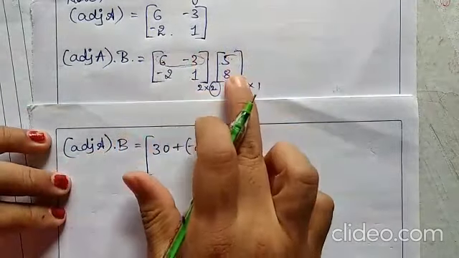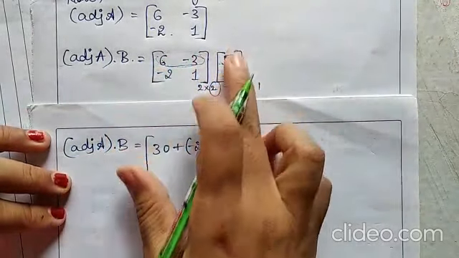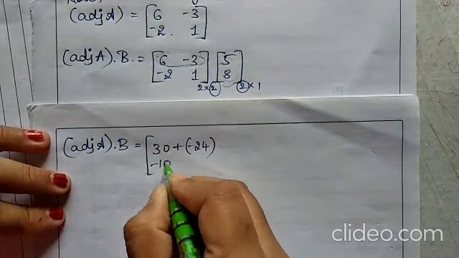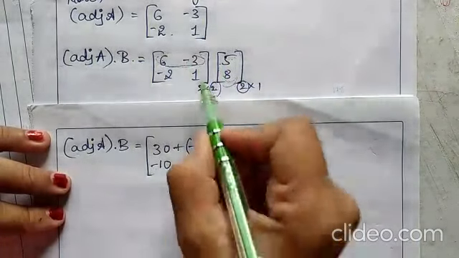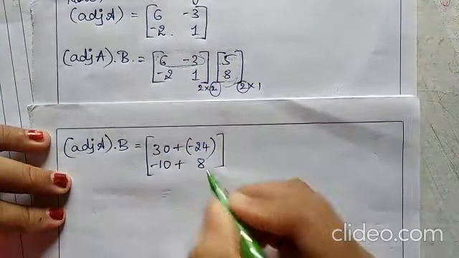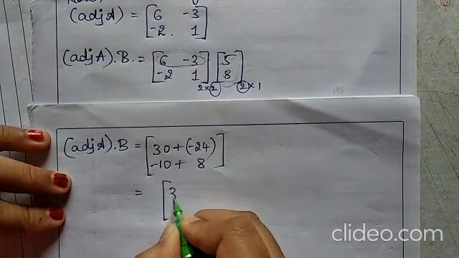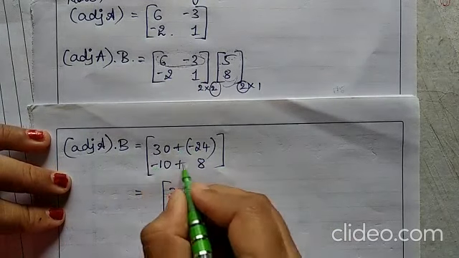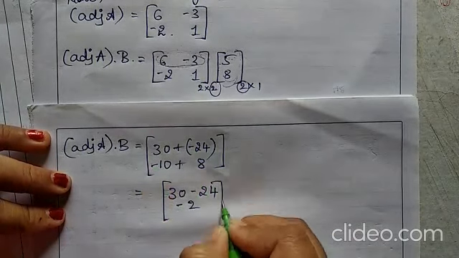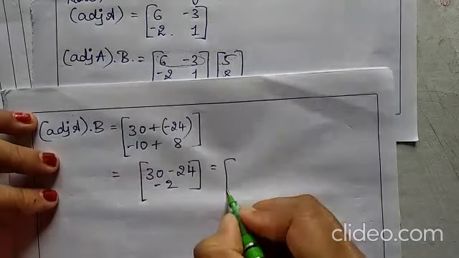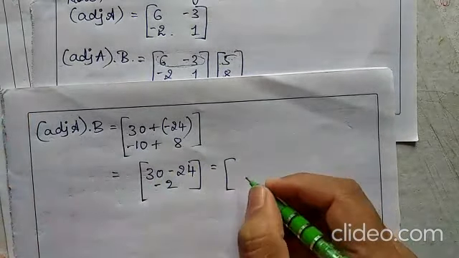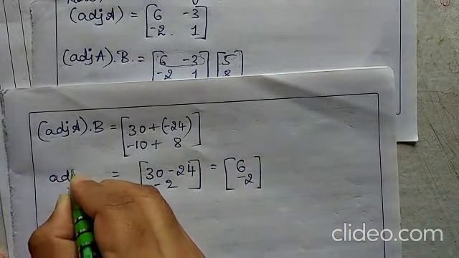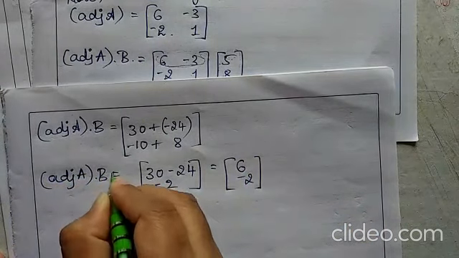Now second row into first column, because there is only one column: minus 2 into 5 is minus 10, plus 8 ones are 8. So 30 minus 24 is 6, and minus 10 plus 8 is minus 2. So adjoint of A into B is 6, minus 2.